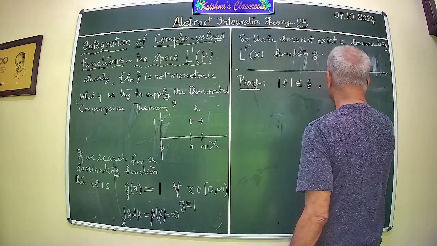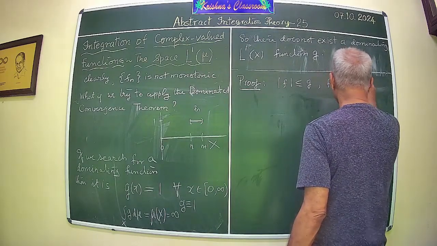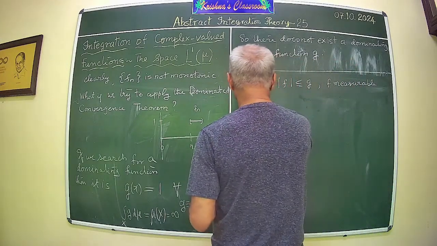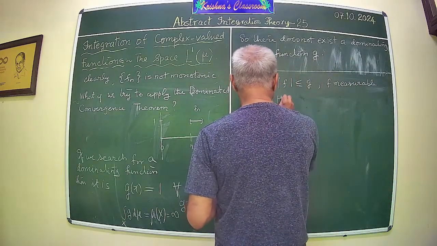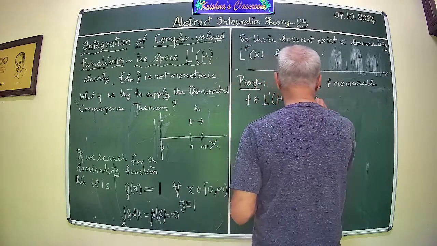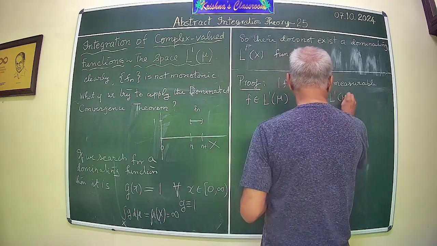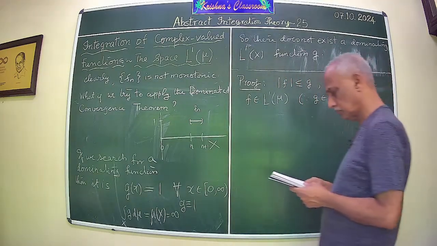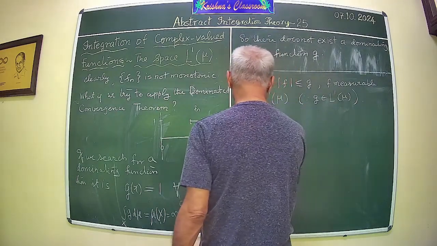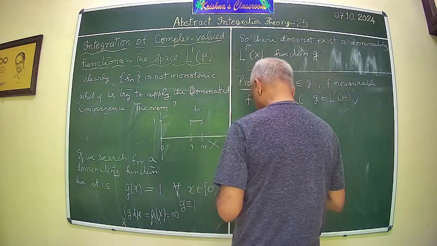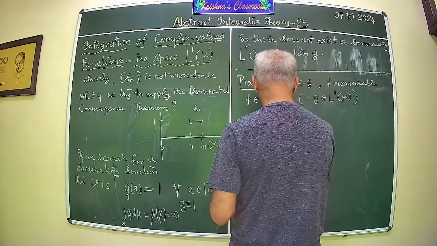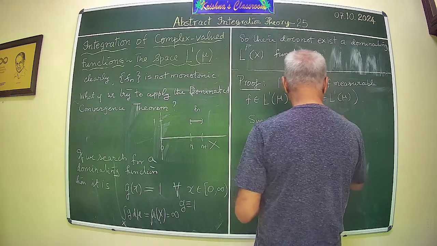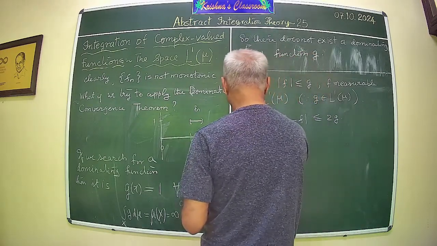F is measurable and f belongs to L1. Since Fn is bounded by g, Fatou's lemma applies.